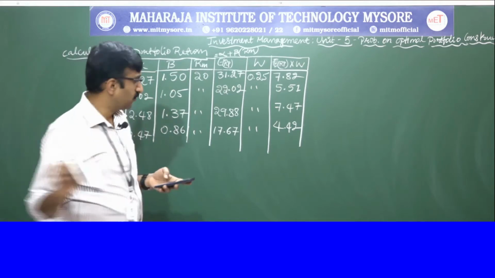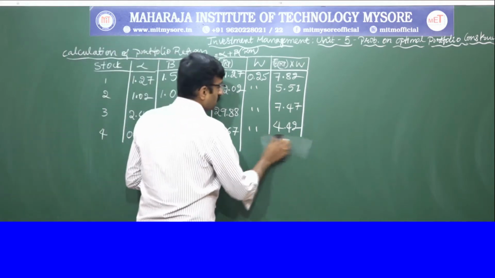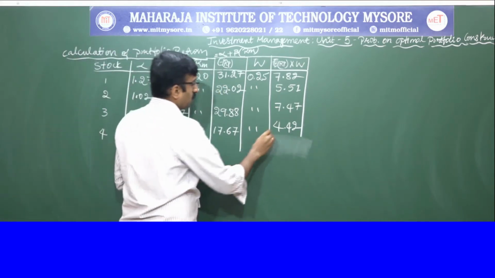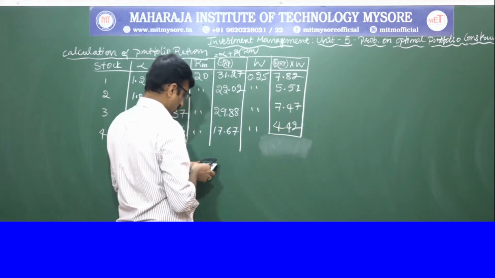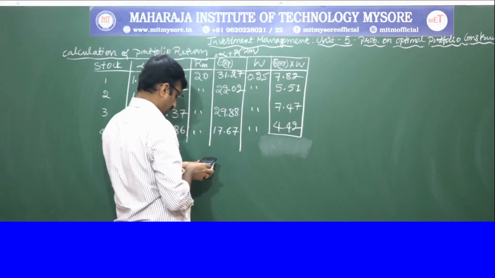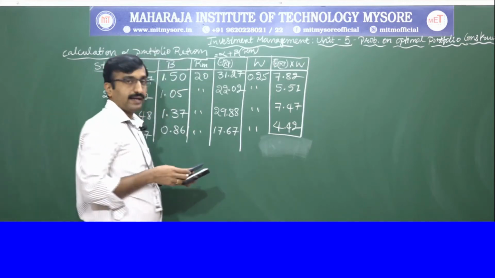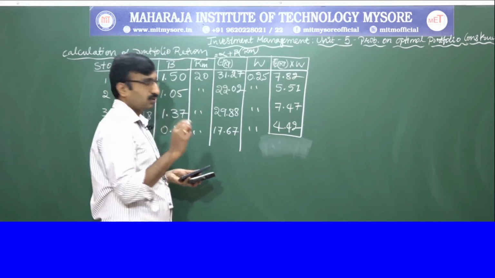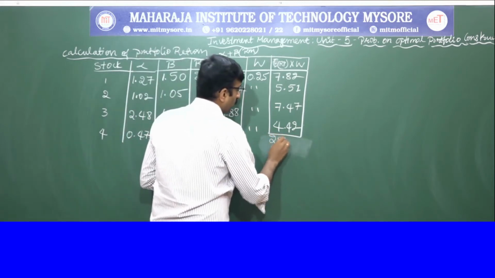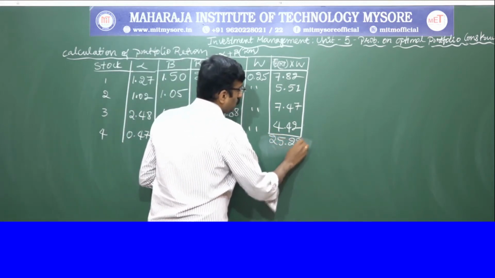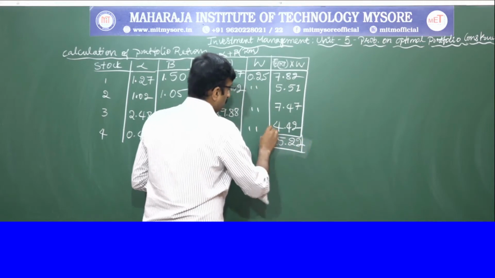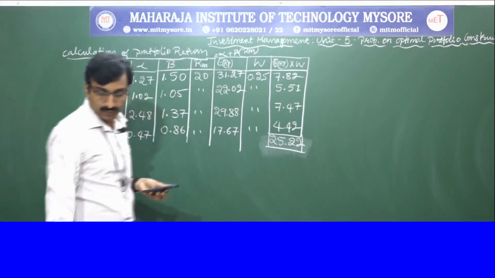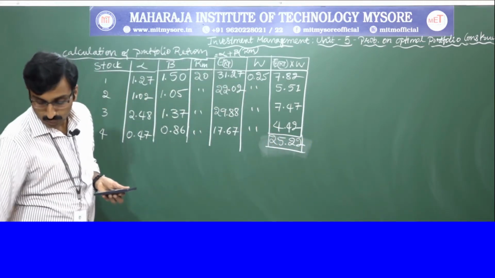So do the sum of this. How much will you get? You will get 25.22. The mean return is 25.22.